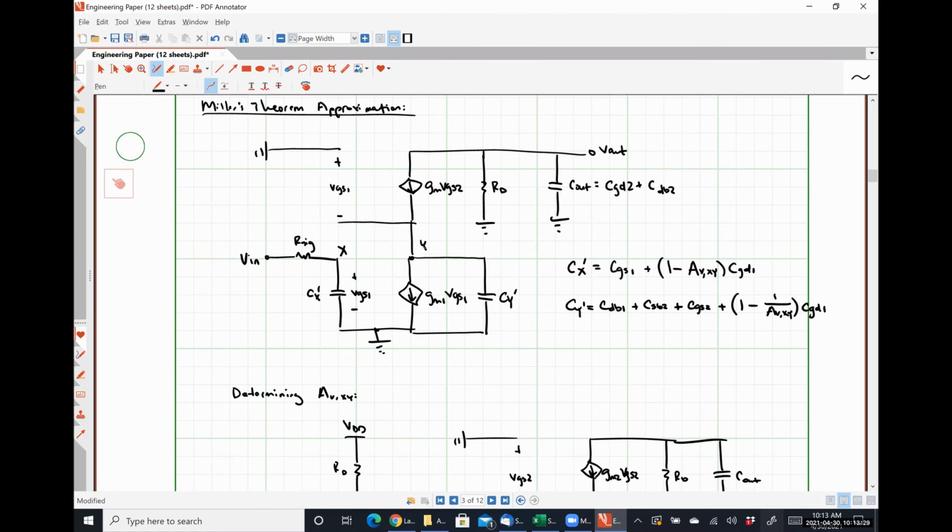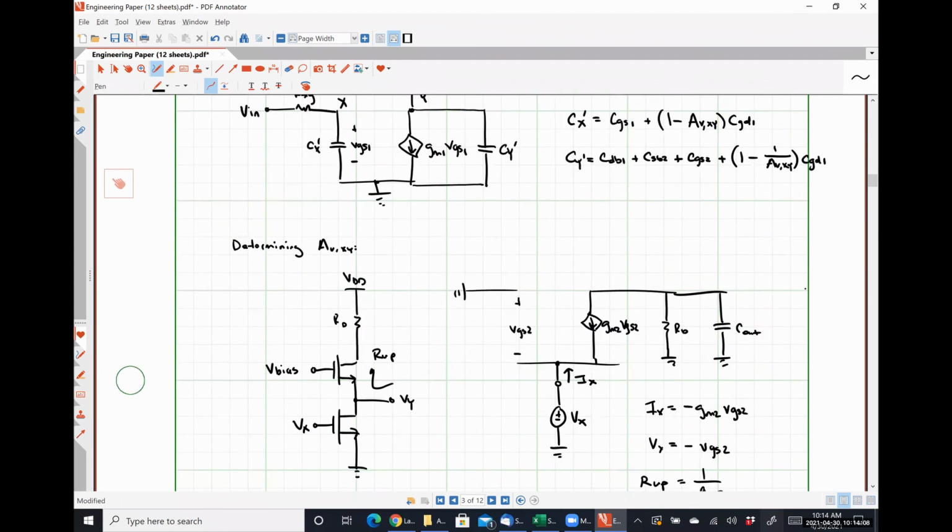So what resistance does the capacitor CX prime see? Not a trick question. So if we're doing this, we're effectively taking the Thevenin resistance as seen by this particular capacitor, which means we would zero out our input voltage. So CX is directly in parallel with R sig. That's the only thing that it would see, right?